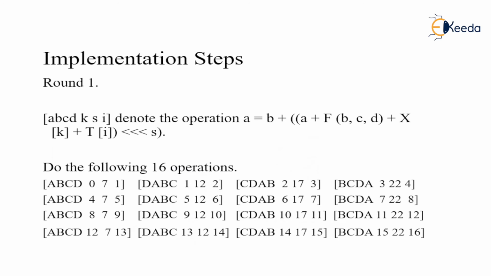Now how the implementation takes place. Suppose A, B, C, D, K, S, I denote the operations. So how are these operations performed on the A, B, C, D 4 blocks?